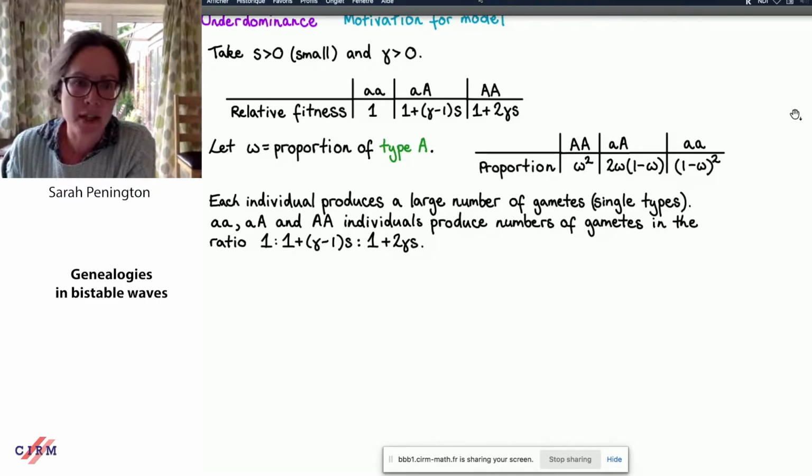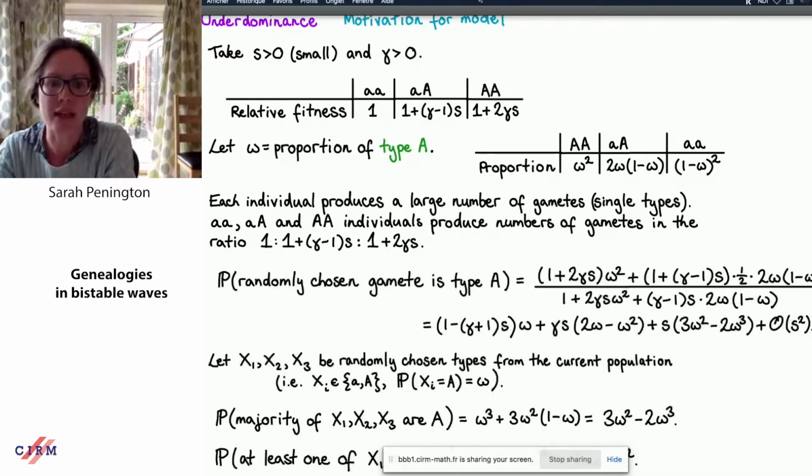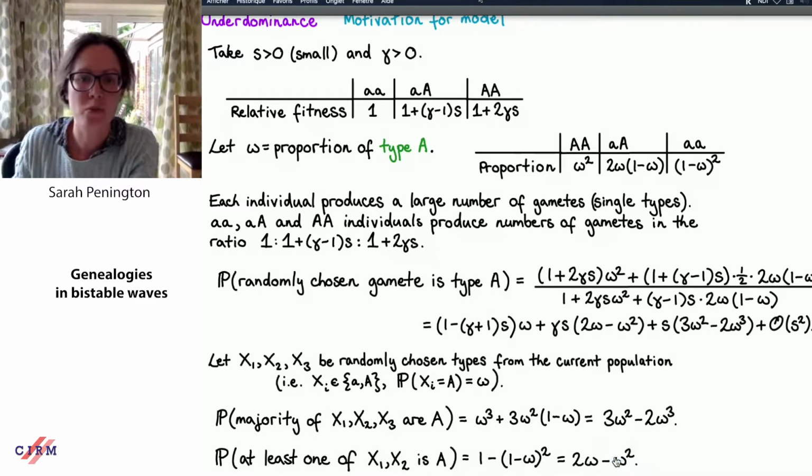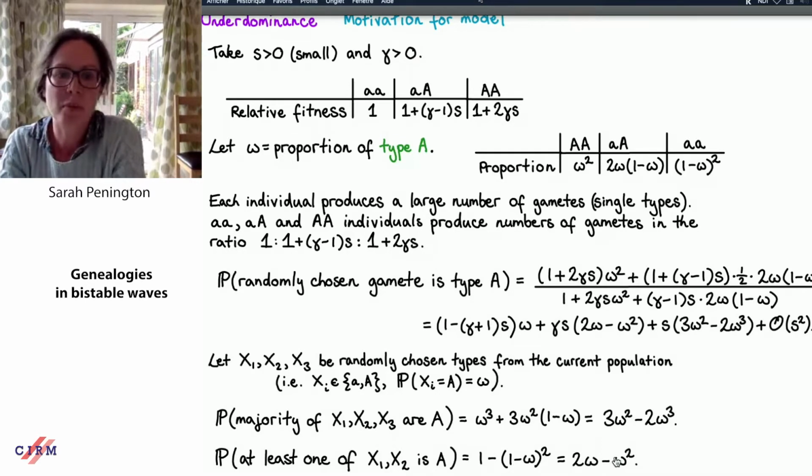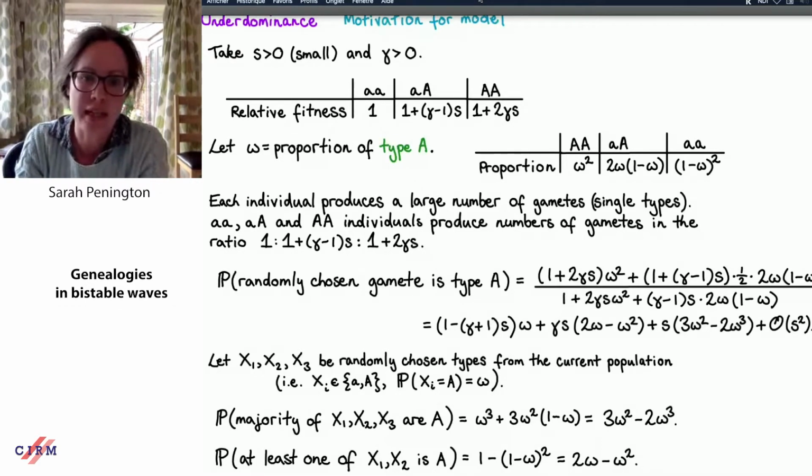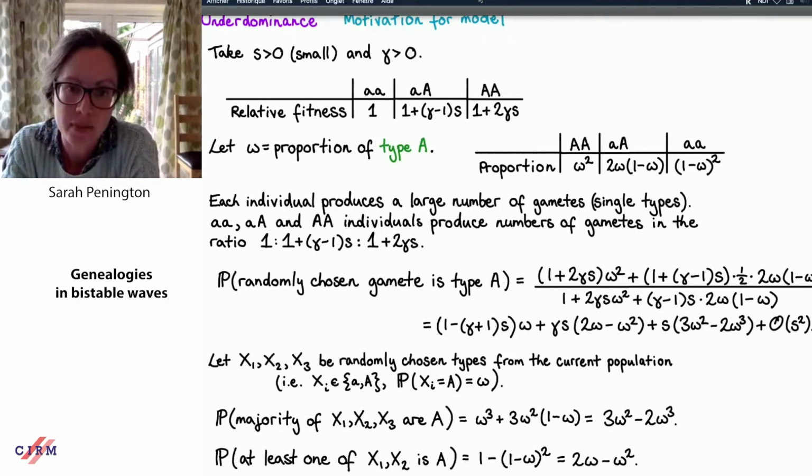So let's suppose that we pick a single gamete uniformly at random from this large pool of gametes. What's the probability that this randomly chosen gamete is type capital A?